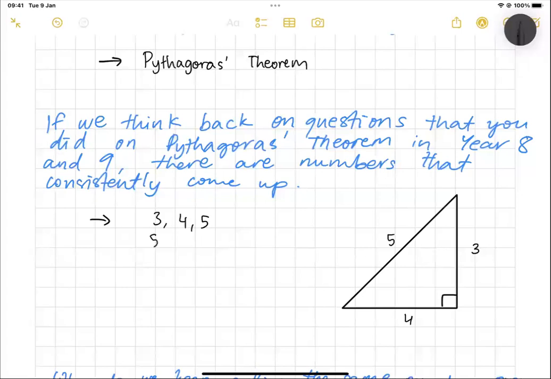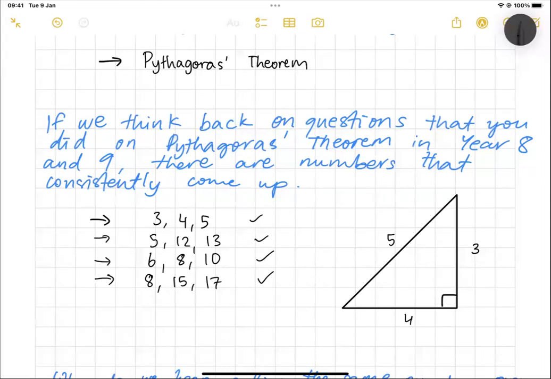Another one would be 5, 12, and 13, 6, 8, 10, and I think 8, 15, 17. Okay. So these triplets of numbers will always come up. This is what we call really nice numbers.